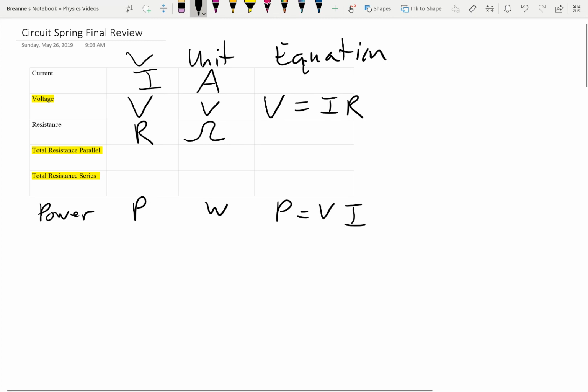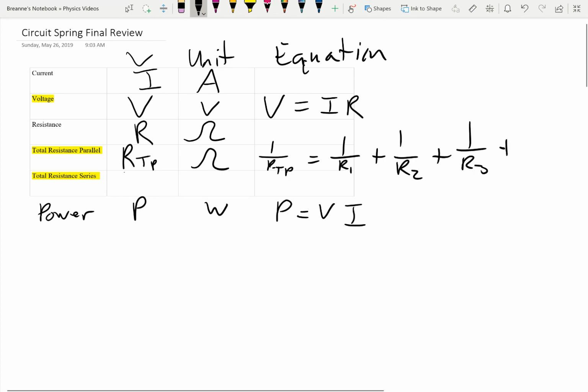Now, for your resistance, there's actually two resistance equations. You have your total resistance for parallel and your total resistance for series. So your total resistance for parallel, just TRP, again, that's measured in ohms, and that is 1 over your total resistance equals 1 over resistance 1, plus 1 over resistance 2, plus 1 over resistance 3, and just continues.